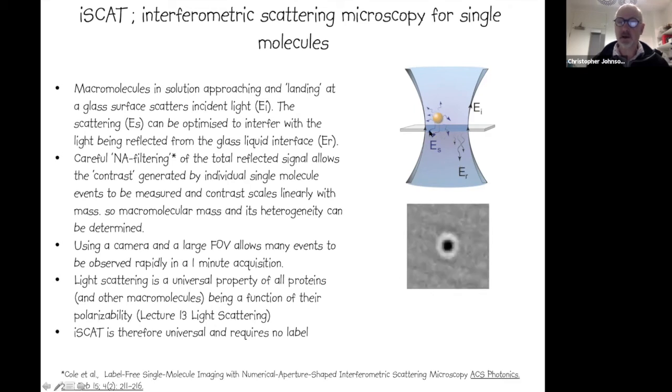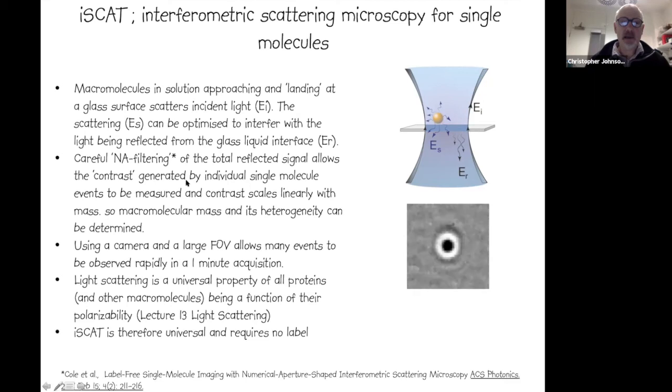So we adjust the optics so that the scattered light interferes destructively with the reflected light. And there's a lot of very complicated and proprietary optics going on within the instrument, and careful numerical aperture filtering, which is described in some detail in this paper.